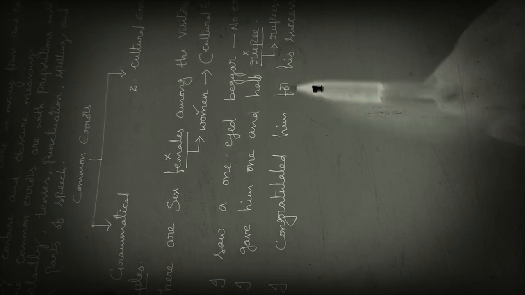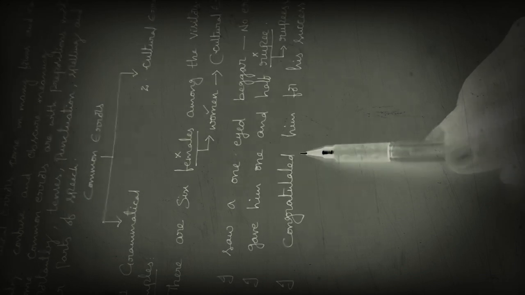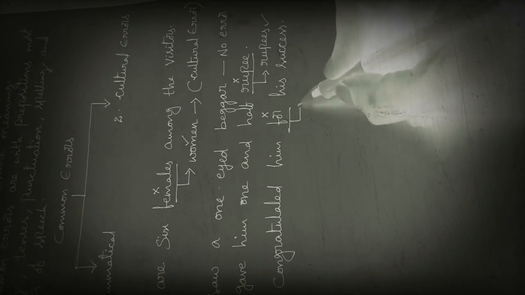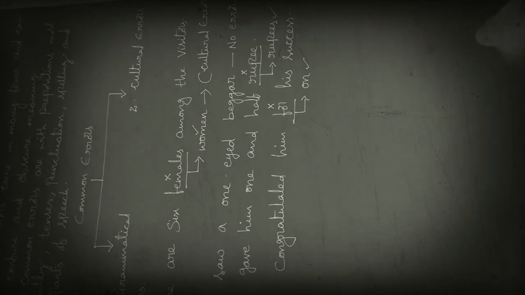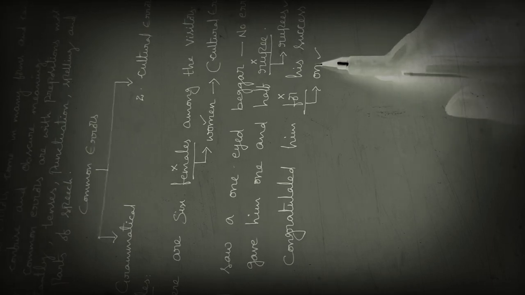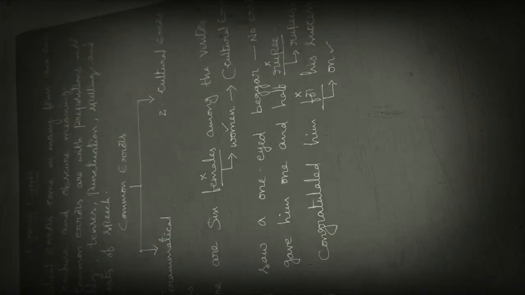The preposition for is wrong here. On is the right one. We should correct this sentence with the preposition on: congratulated him on his success, but not for his success.